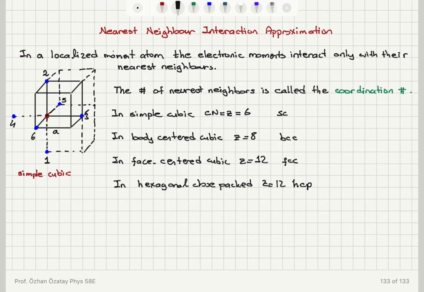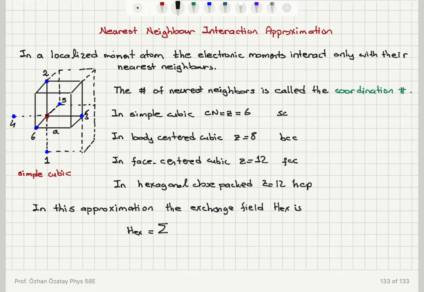If we are neglecting the interactions with the next nearest neighbors, we're only considering the nearest neighbors, we can write, in this approximation, the exchange field Hx as Hx equals the sum over nearest neighbors of Jij Mj.